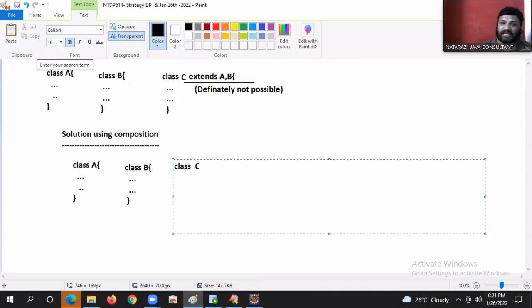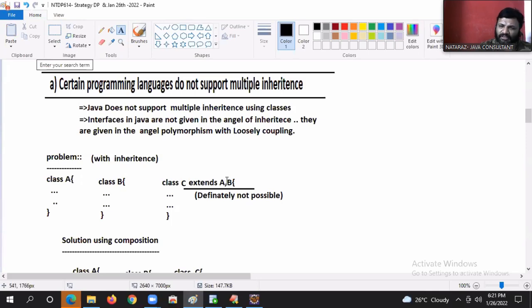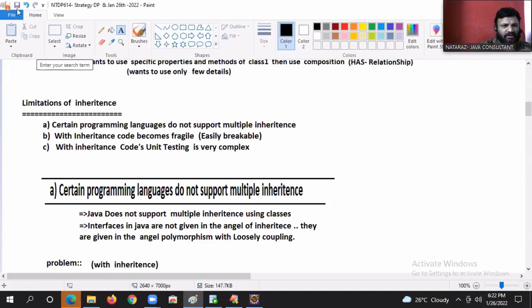Here is my class C. Private A a is equal to new A, private B b is equal to new B. Tell me, guys, C is having both A and B. So the problem is solved or not? Whatever was not possible with inheritance, we made it possible here. Super, guys. Now tell me the next one.